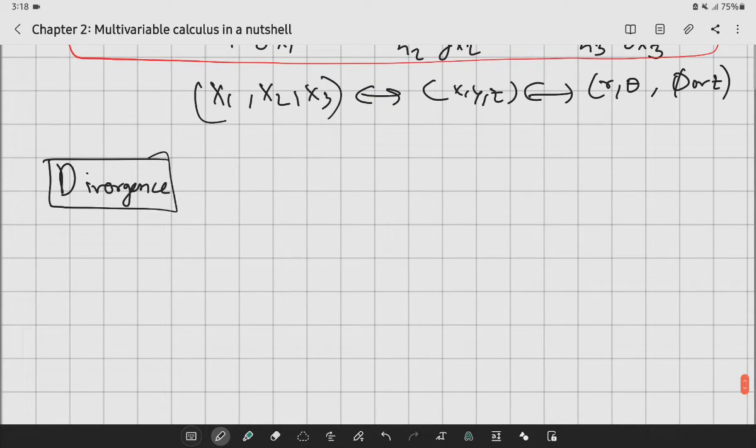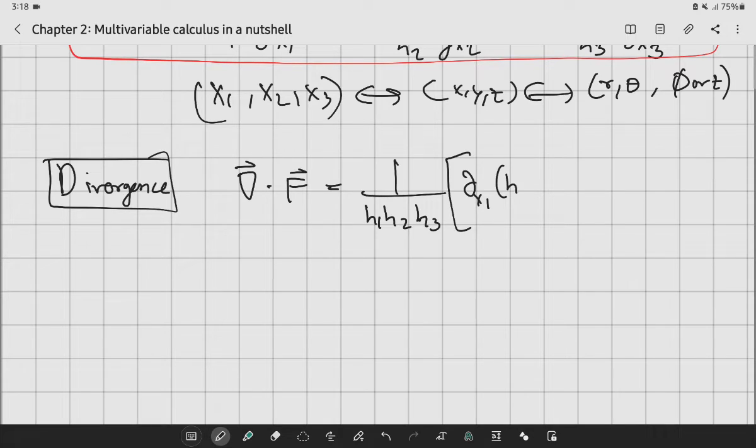Okay, so the divergence is usually you take the divergence of a vector f. You don't take the divergence of a scalar. It's not defined. Well, anyway, the divergence is 1 over h1, h2, h3, the product of these three, and I have partial x1 of h2, h3, v1 plus partial x2 of h1, h3, v2.